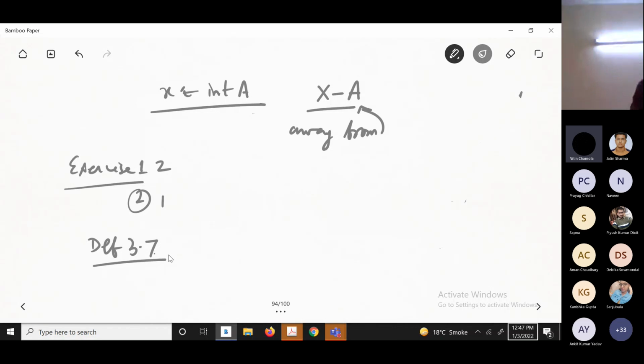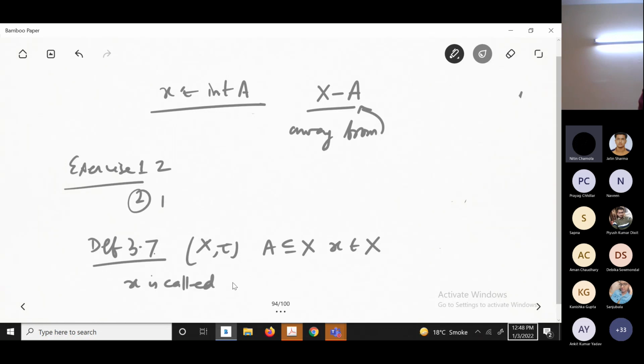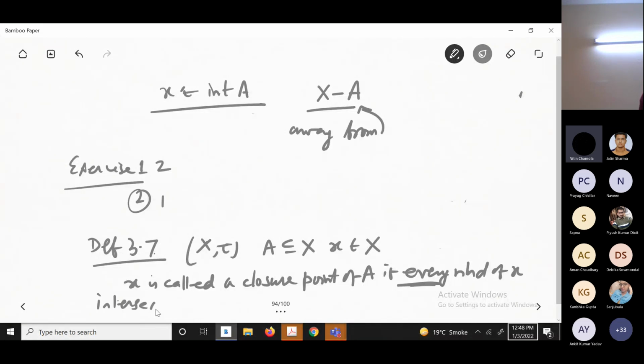Suppose you have a topological space, and A is a subset of X. x need not belong to A. Then x is called a closure point of A if every neighborhood of x intersects A. That is, here I am writing.